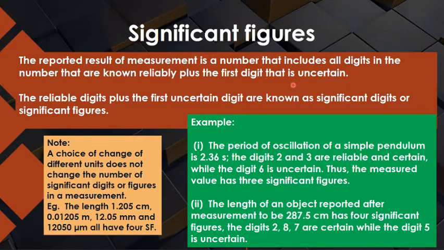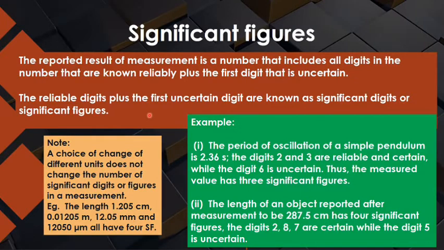Then 2 centimeter is sure, but the second division may lie between 2 and 3 and is close to 3, so you say it is 2.3 centimeters, and that is uncertain. So all the numbers, the reliably known digits as well as the first uncertain digit, are your significant figures.